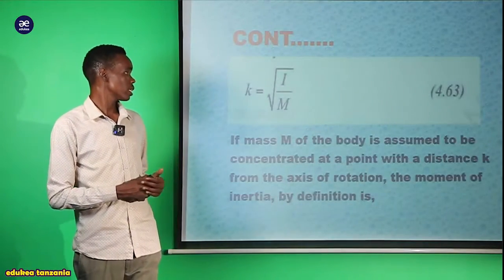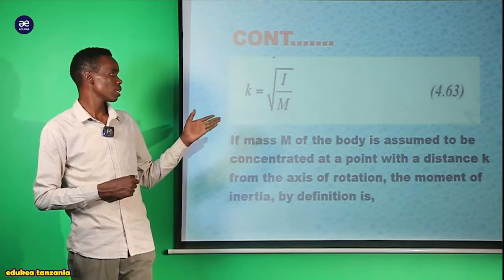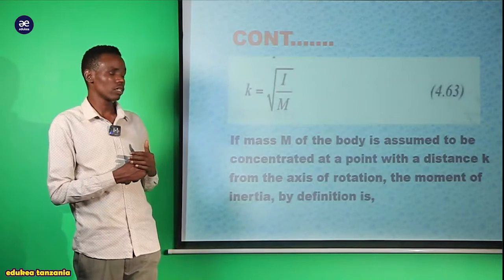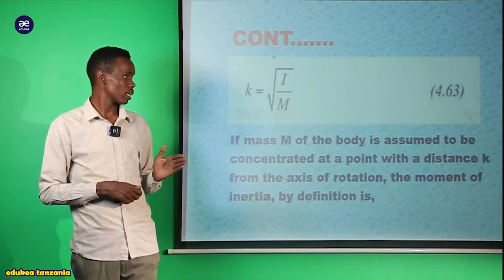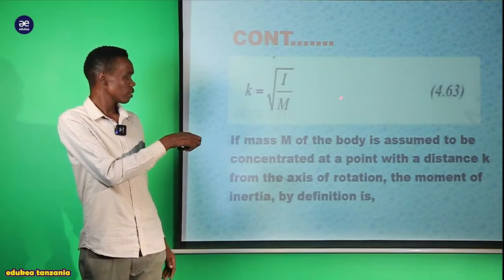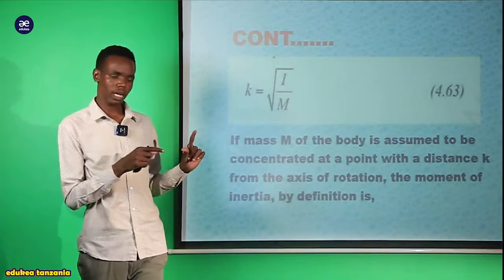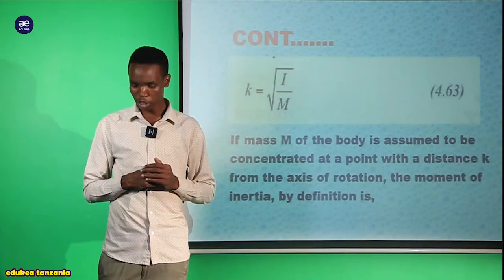So as we see here, this is obtained by taking K equal to the square root of I divided by M. How does this formula appear? Let us recall from the moment of inertia, as we know.